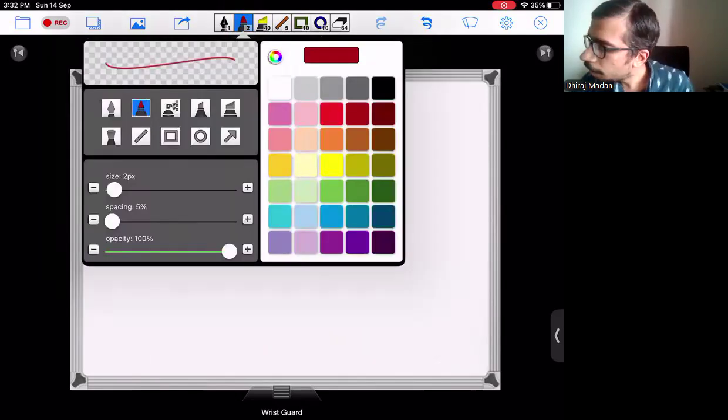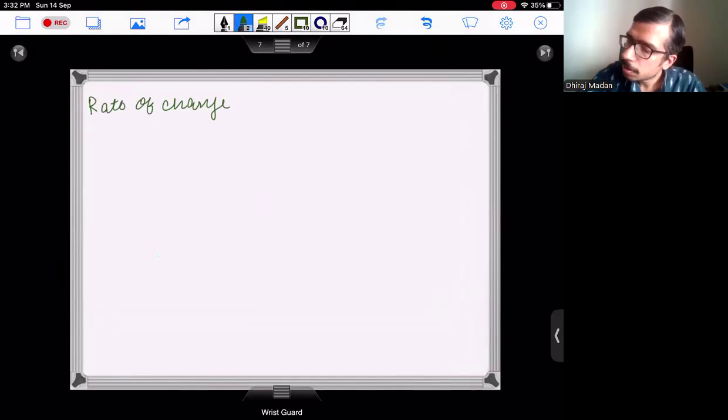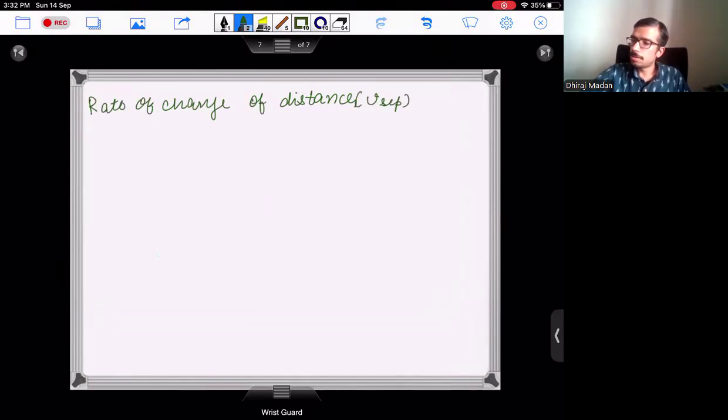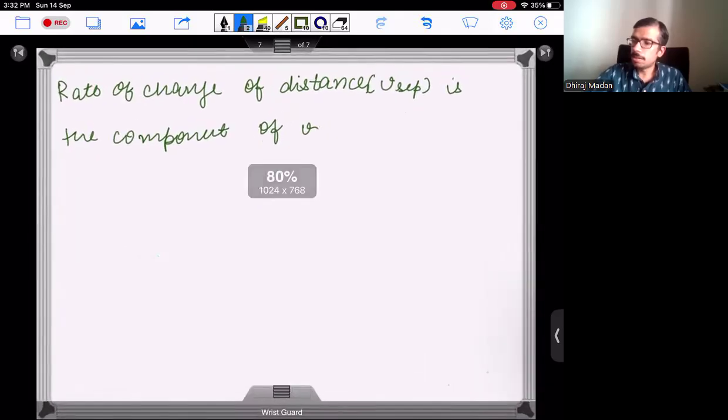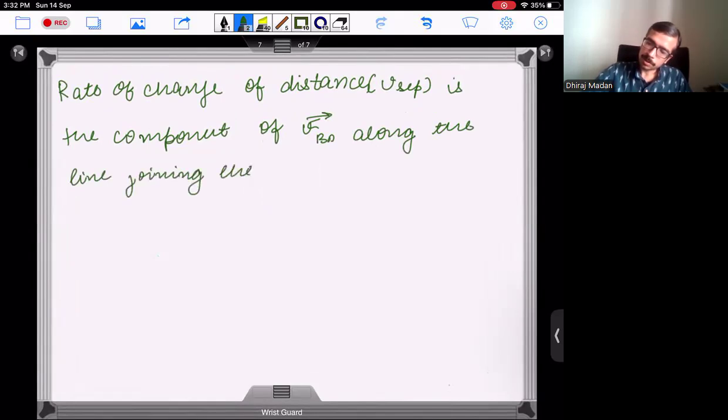So let's write it over here. The rate of change of distance, or VSEP as we call it, is the component of VBA along the line joining the 2 points.